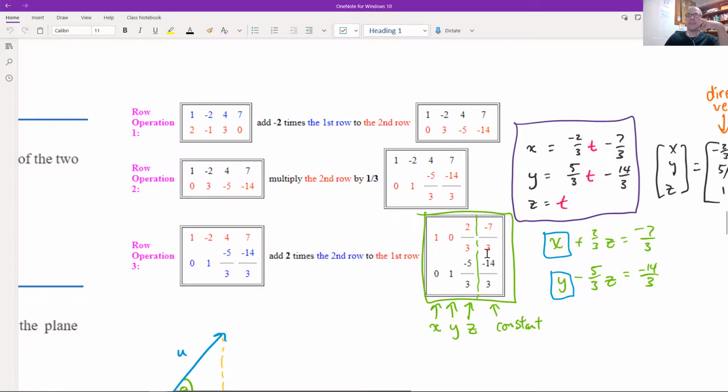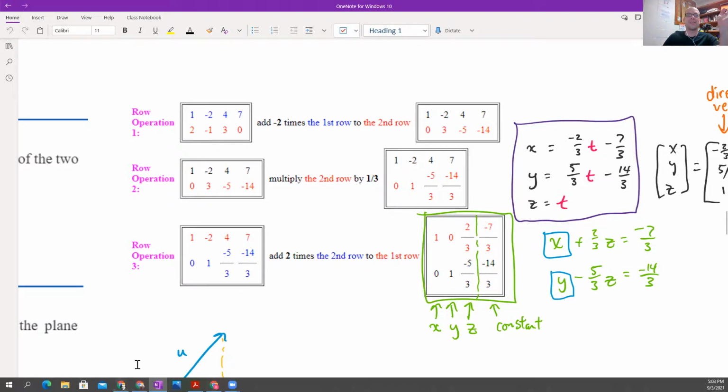And that gives us this system here. When we solve for x, y, and z, z is our free variable. It's the one that we just let be z, or t in this case. And then x was equal to negative 2/3 minus 7/3, and so on.